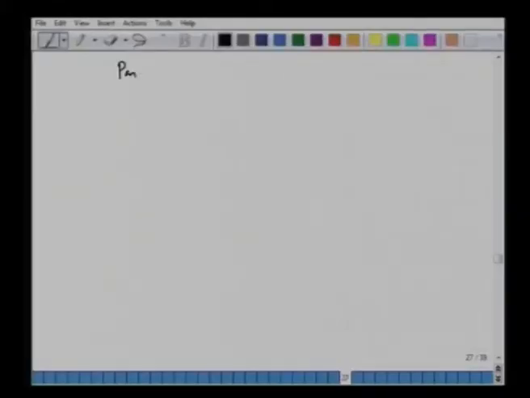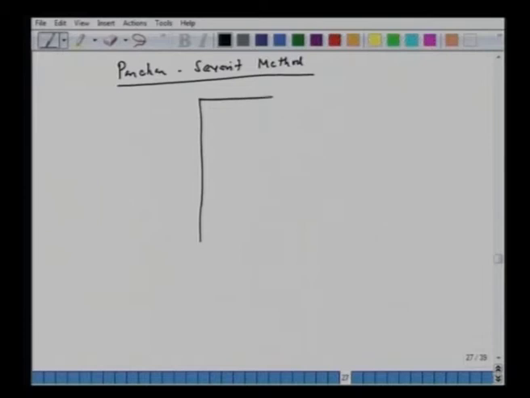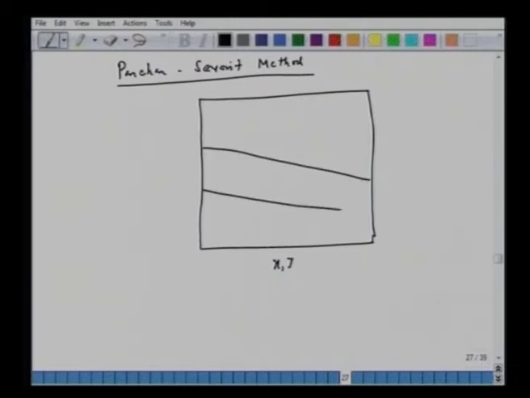Okay, so when we do this Ponchon-Savarit method, what we had earlier when we had the reboiler, we had the two curves, saturated vapor and saturated liquid enthalpy curve.